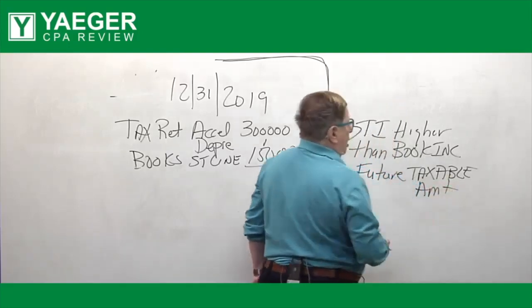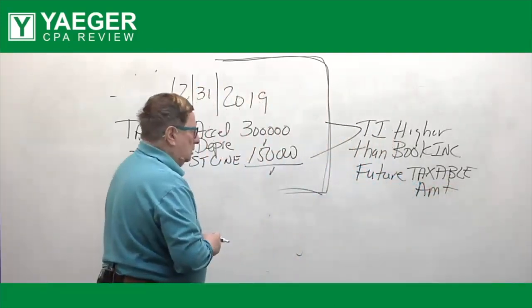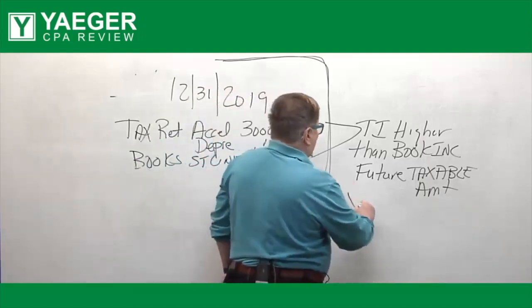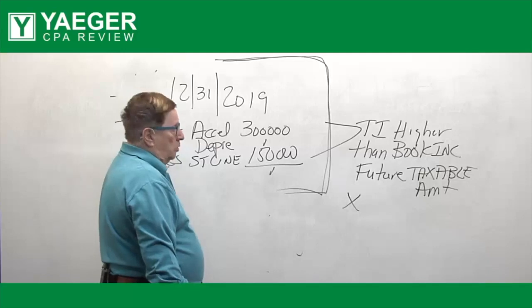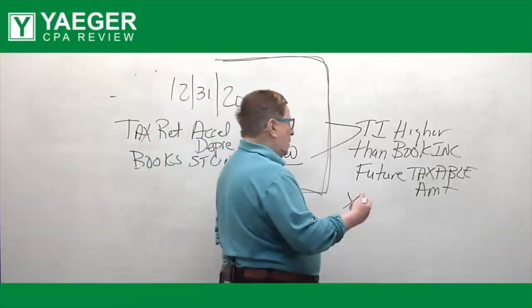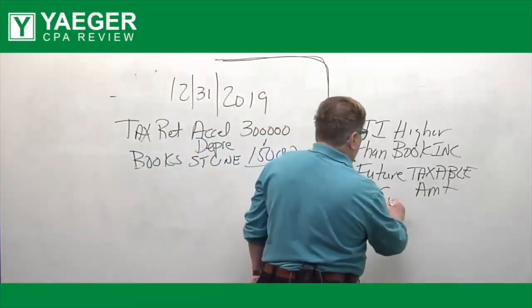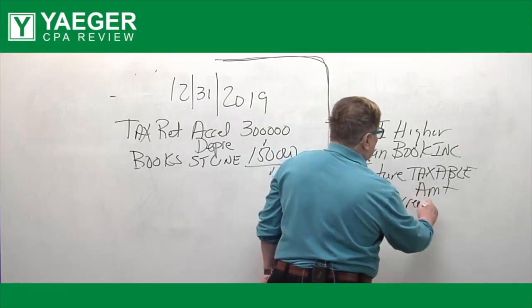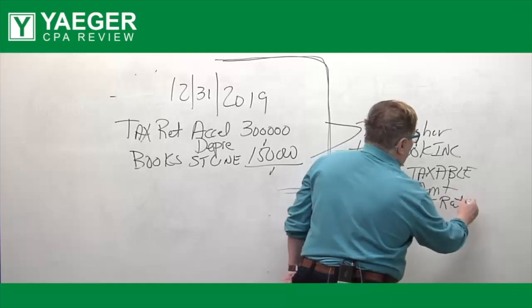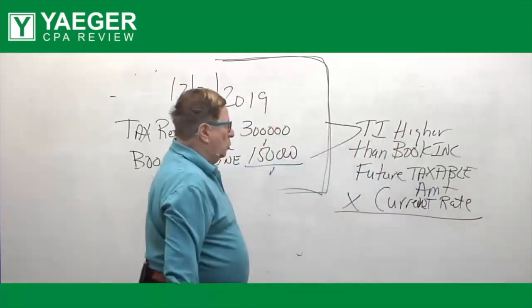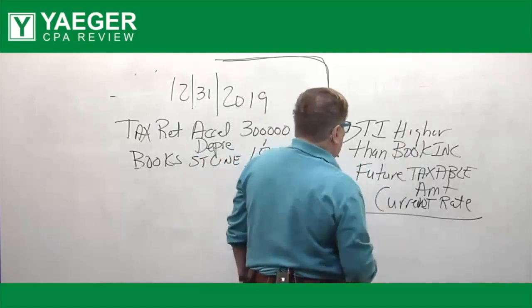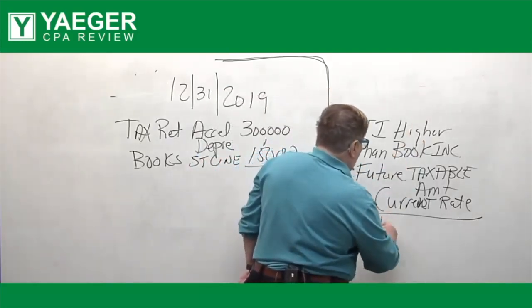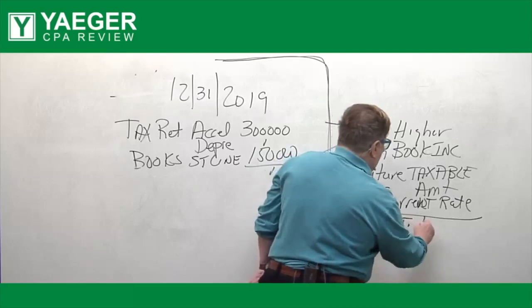Now, if you take future taxable amounts and you multiply them by either the future tax rate, when it's going to reverse itself, if known, or if you don't know the future tax rates, you multiply it by the current rate, that will give you what we call a deferred tax liability.